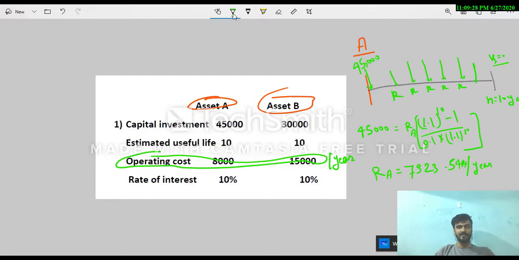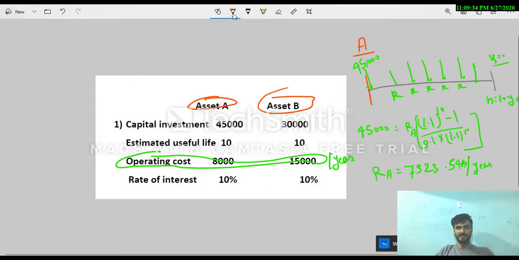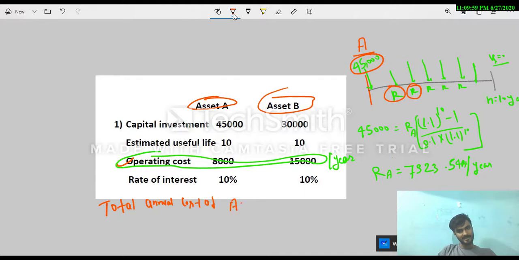Now the same thing you can calculate for asset B also. How? The same formula you can apply for asset B. This is the actual amount of money that you are going to invest every year. There is another thing, that is the annual operating cost also. So you can write here the total annual cost of asset A, that is equal to how much?